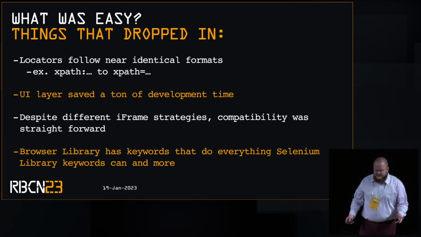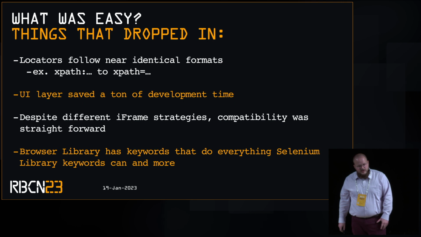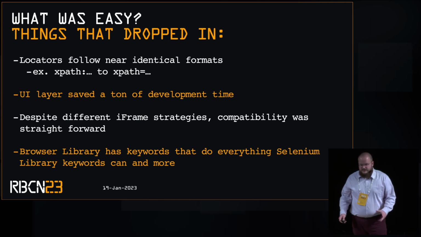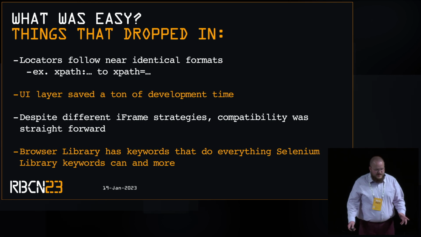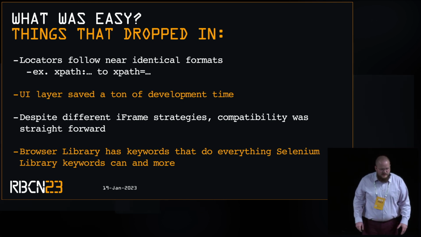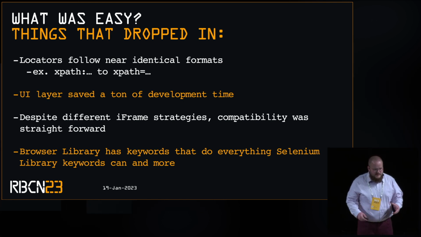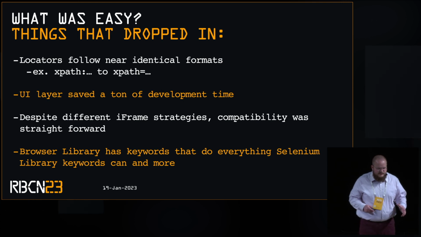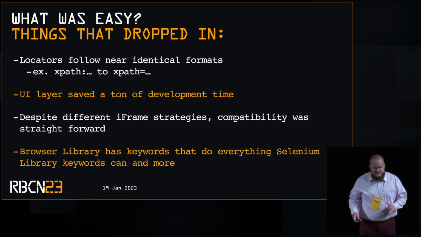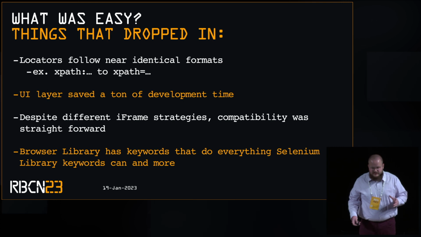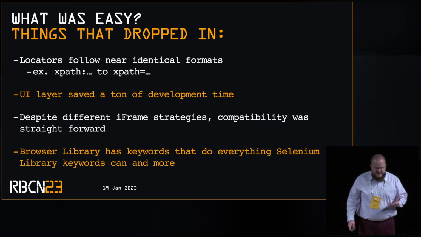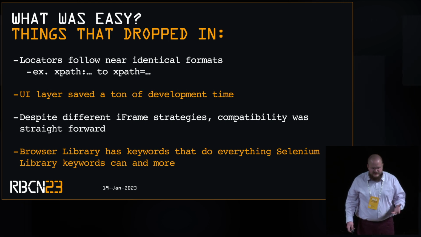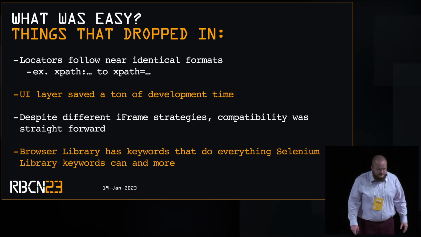Now, what was really easy for us in this process? The locators in browser library are quite straightforward when compared to Selenium library locators. The main browser library locator strategies are actually a subset of the Selenium library's locator strategies, mainly being CSS, XPath, and IDs.